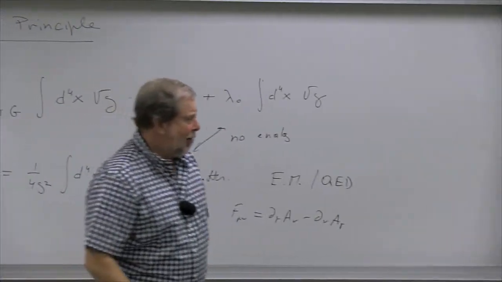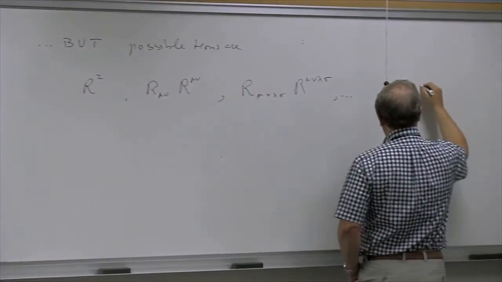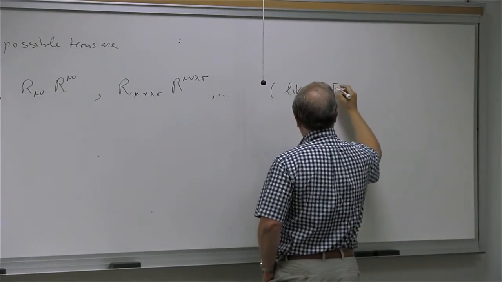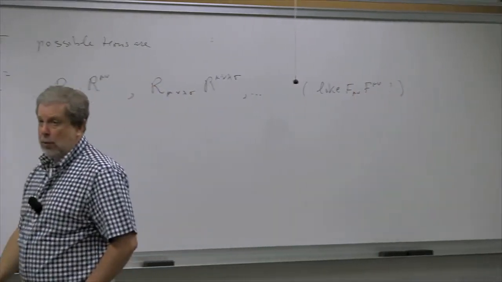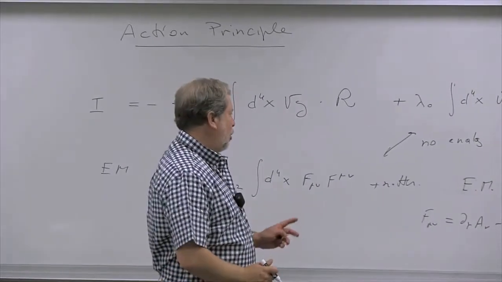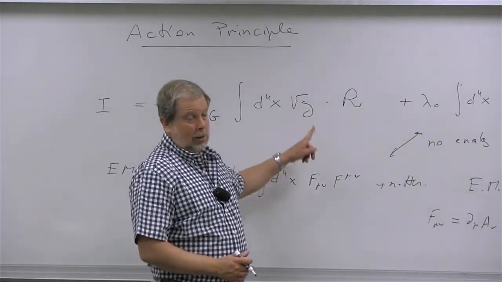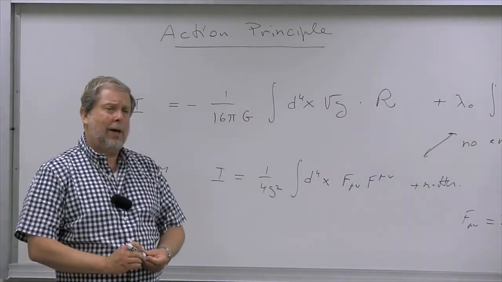So you can have something like F mu nu squared. So I said that you can't have the trace of F, right? But you can take a square of the curvature and get something that is non-vanishing.